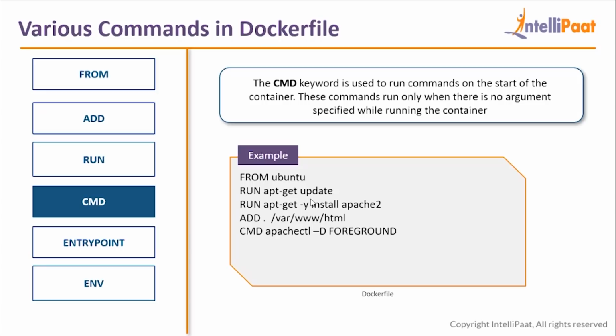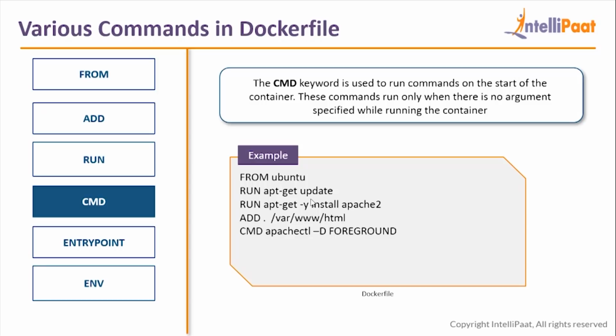So this was about the CMD command. Remember that when we started the container, we always had to go inside the container and start the Apache service manually. That is, once the container is started, go inside the container and type in the command service apache2 start. That had to be done manually.